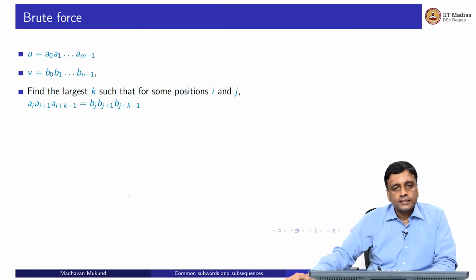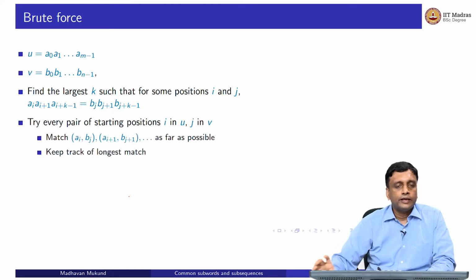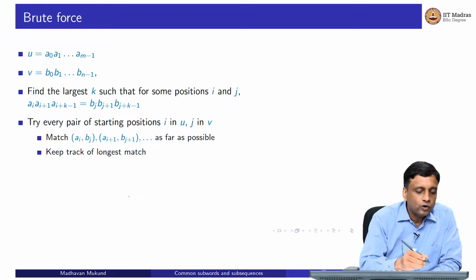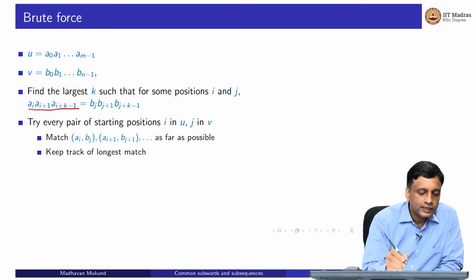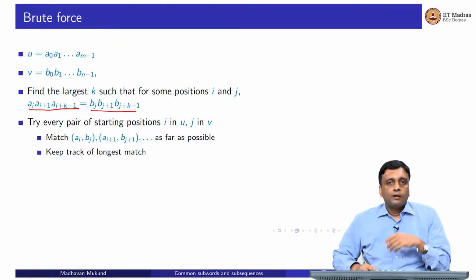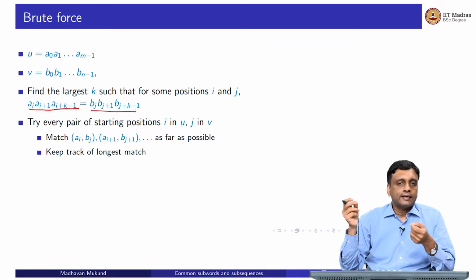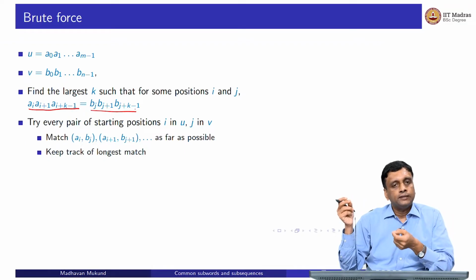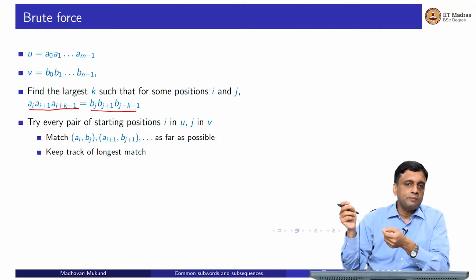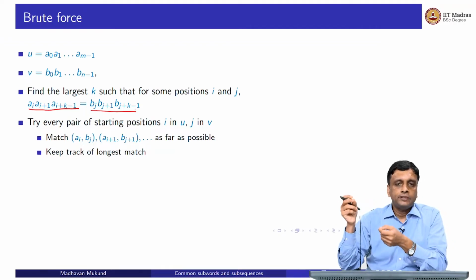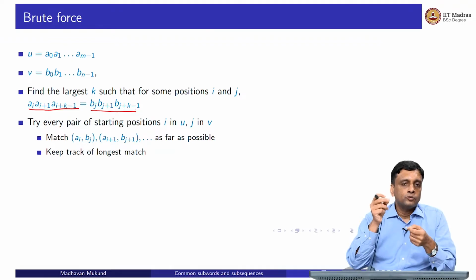So the brute force technique is just to check for every starting point. For every starting point, I want to find out whether there is a long subword starting from a_i and b_j. Once I fix a_i and b_j, I can find out what is the longest word that can start from there. If a_i is equal to b_j, then it is 1, then I go to the next one. So I can keep scanning. I go from a_i, b_j, a_i plus 1, b_j plus 1, a_i plus 2, b_j plus 2.